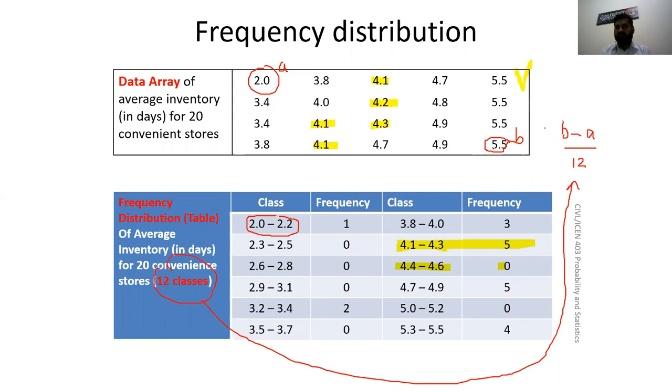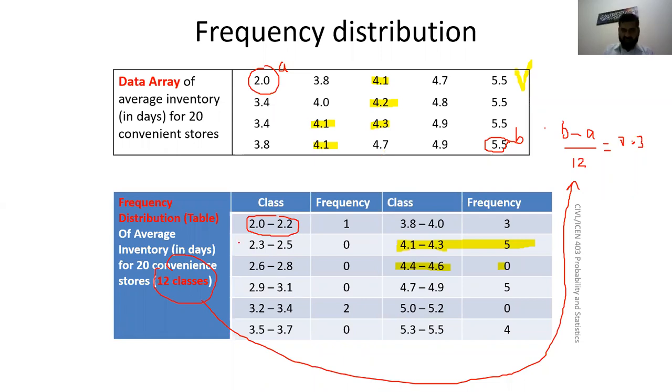So if you take 5.5 minus 2.0, it's 3.5, sorry, 2.5, right? Then you can divide by 12 and it's approximately 0.3. So we took 0.3.